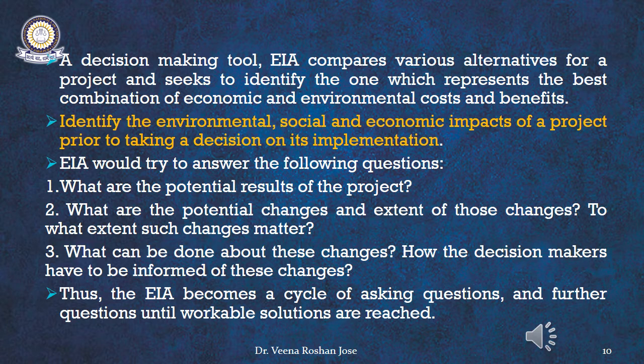How can the decision makers be informed of these changes? So while conducting EIA itself, we can understand whether the proposed project is all right, or if there is any need to change the project, or if that is needed, how it can be implemented. All these things are being discussed during the EIA process.